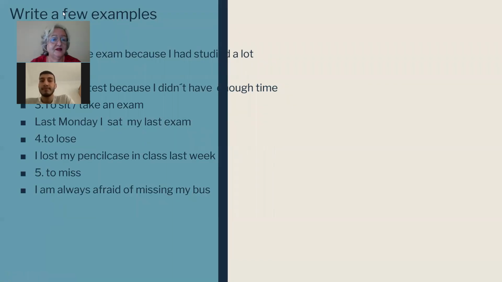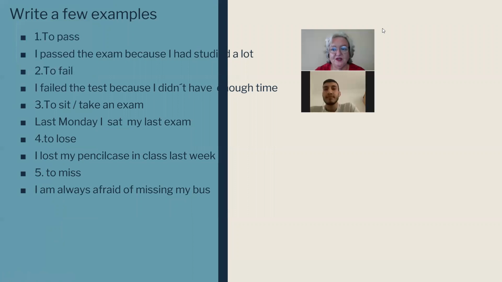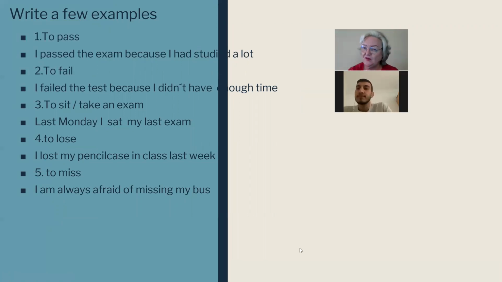So here there is an example with each of these words. And then if you can think of another one, that would be helpful. And if you can't, I will help you. So for example, number one. To pass. I passed the exam because I had studied a lot. Right. Give me another example. If you want to pass the exam, you should work very hard.